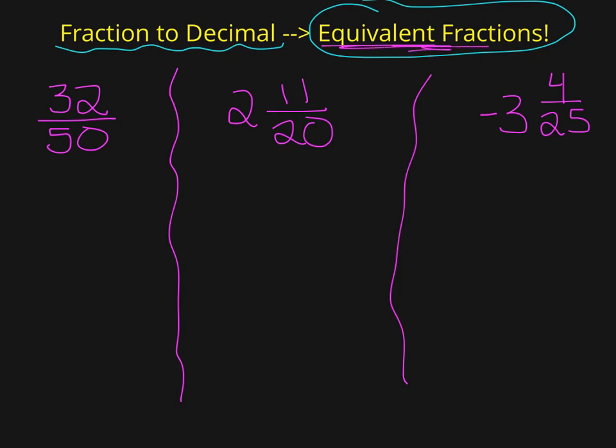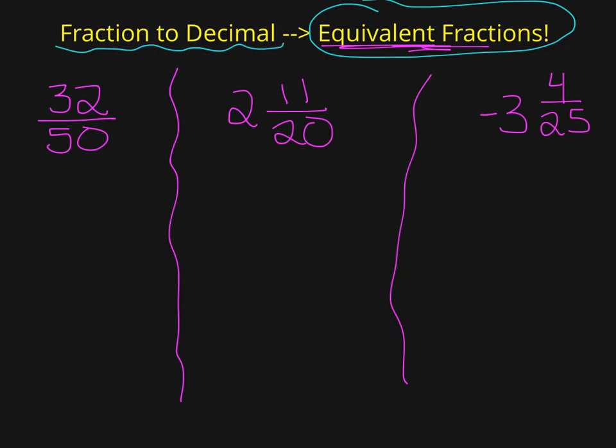The thing that these 3 fractions have in common is their denominators are factors of 100. So if you have numbers that go evenly into 100, we're going to convert these fractions into equivalent fractions with denominator 100, and then when you have that, it's very easy to write it as a decimal. All right, so let's practice.